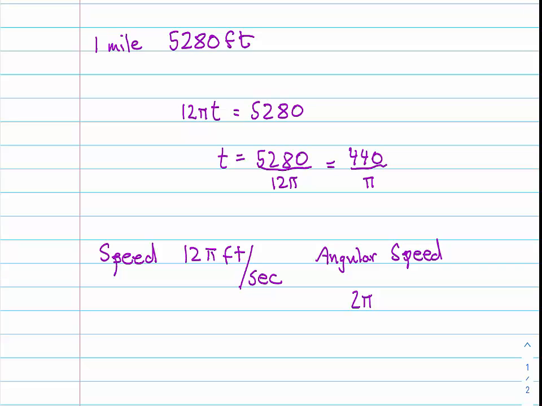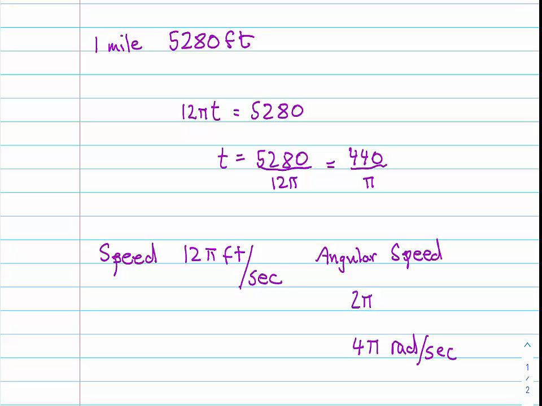So every time this wheel rolls around, we get 2 pi radians every revolution. But this one makes 2 revolutions per second. So notice what we have: 4 pi radians per second. That's the angular speed.